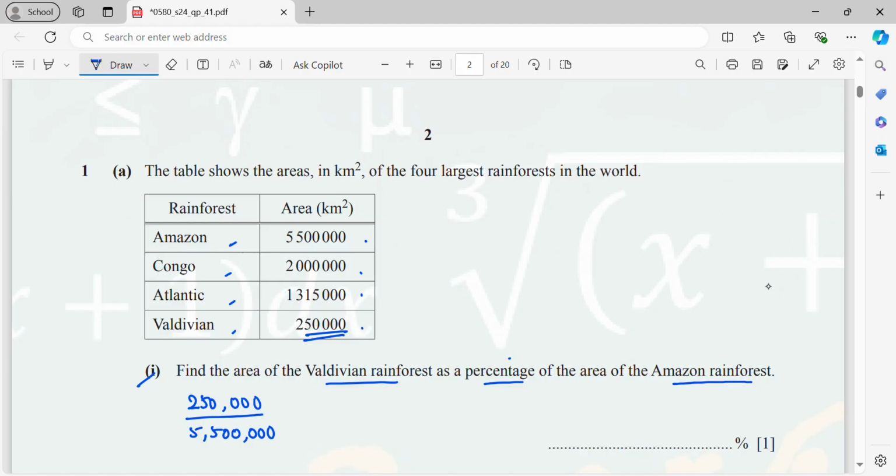Whenever you see percentage, you have to times 100%. From here, we can cancel off the terms first. Then basically, this is going to be 4.55%. So that's the answer for the first part.